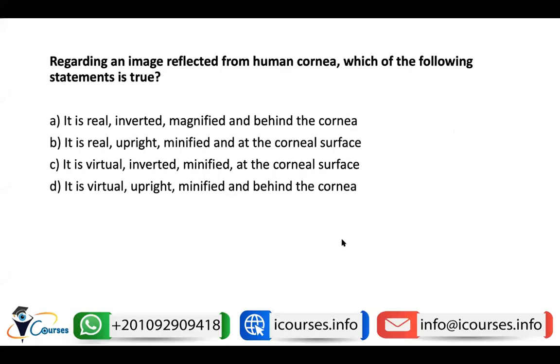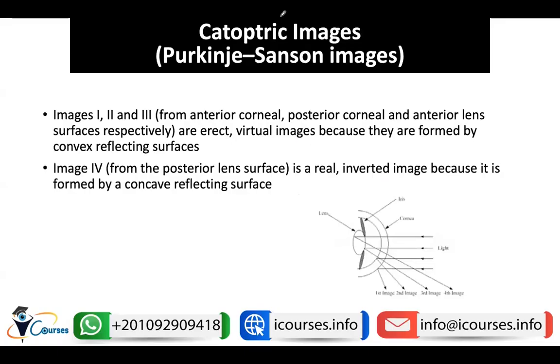Okay, so the correct answer is that it is virtual, upright, magnified, and behind the cornea. According to the Purkinje-Sanson images, the first corneal image is called the Purkinje-Sanson image type 1.